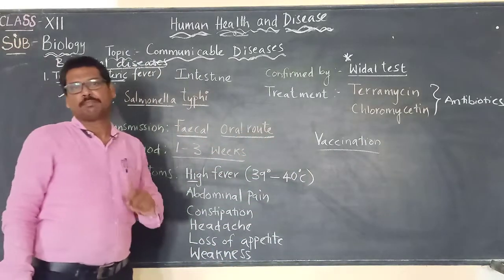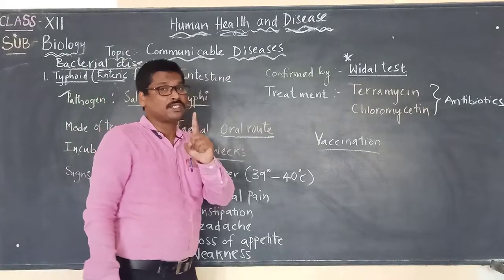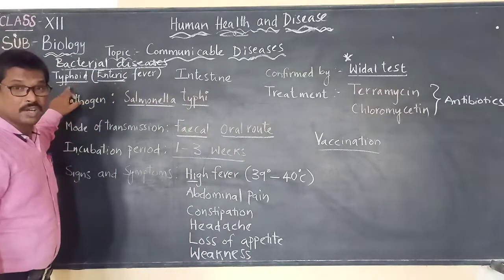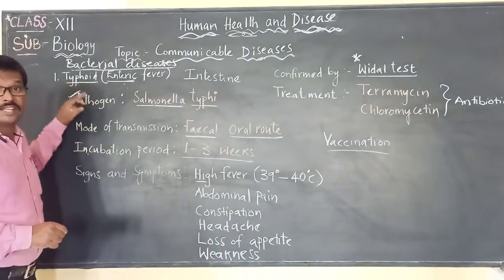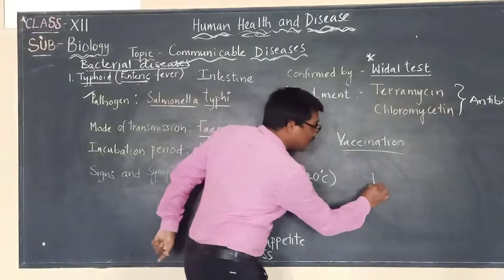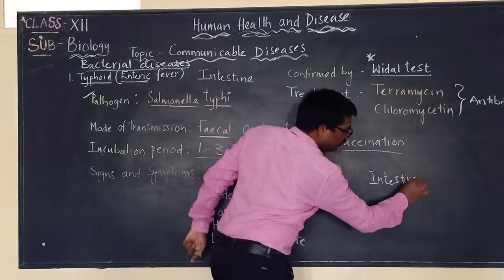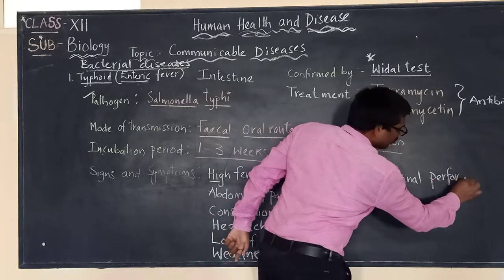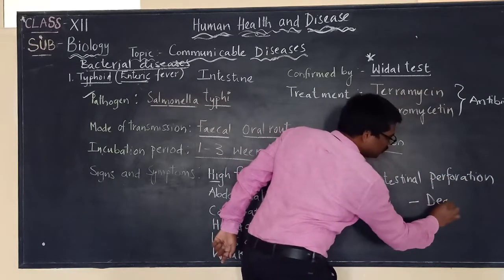A very important point that we have to remember here is that in severe cases of typhoid, when a person is suffering with severe typhoid, it can lead to intestinal perforation, due to which it may lead to the death of that individual.